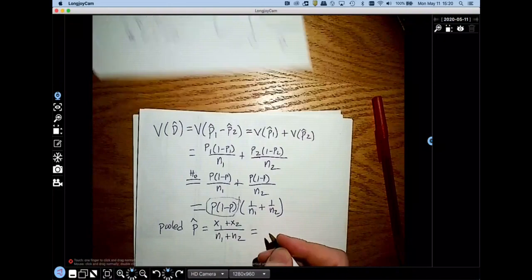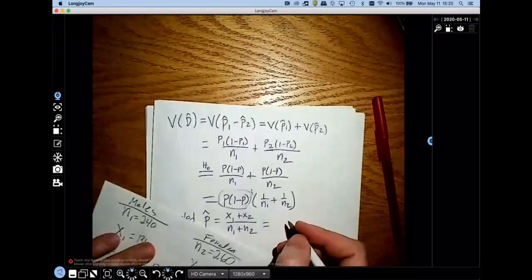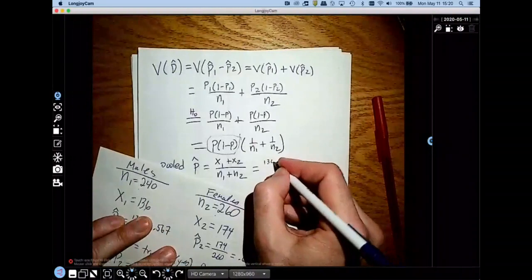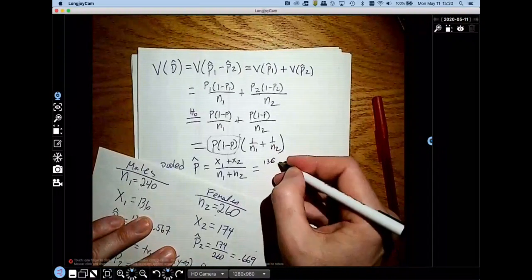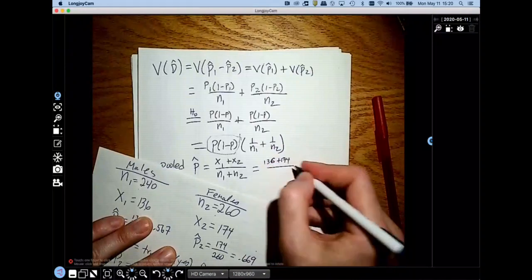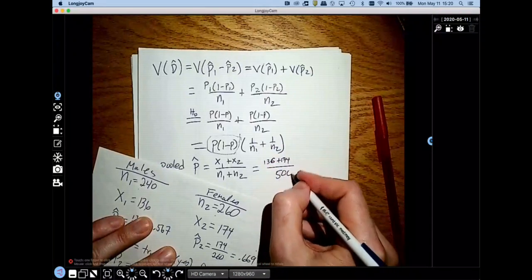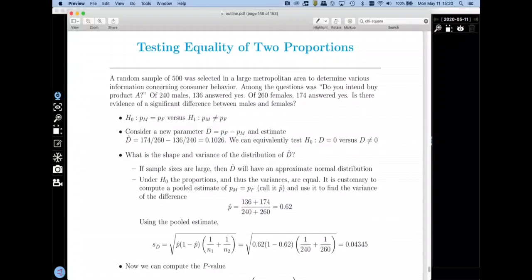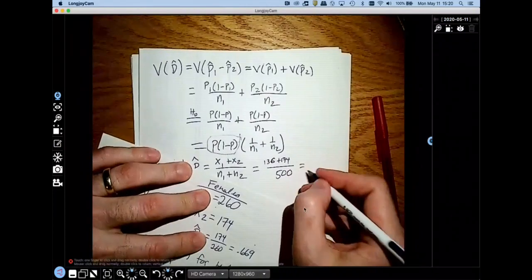If we go back to what I had before, we have 136 yeses for the men and 174 for the women. And remember, our total sample size was 500. If we go back to the course packet, I worked that out earlier, and it's 0.62.